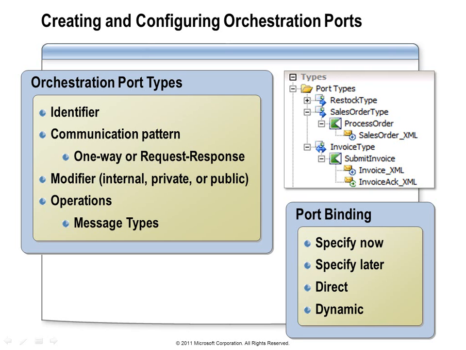We're going to talk about direct binding and dynamic binding in Module 15, but I'll go over those quickly right now. When we configure direct binding on a port, we are taking complete responsibility for the subscription that will be created. And we do that by entering a filter expression on the receive shape.